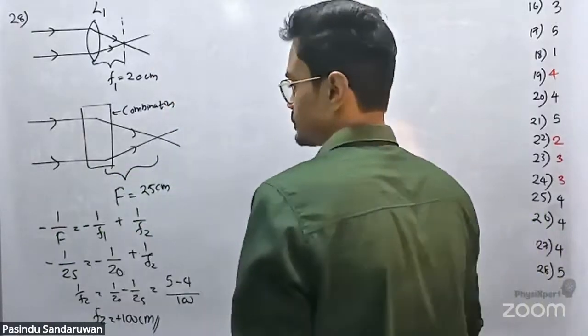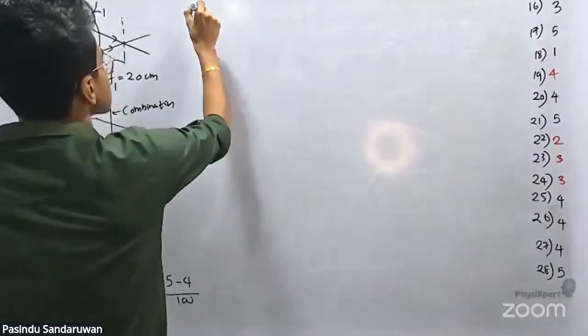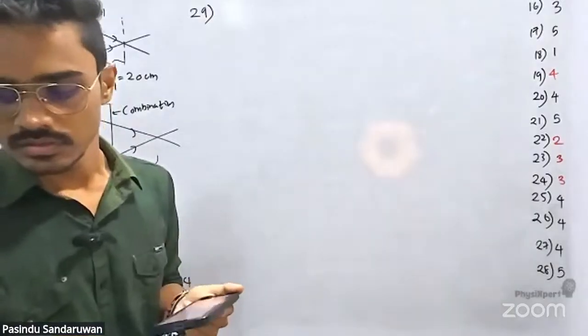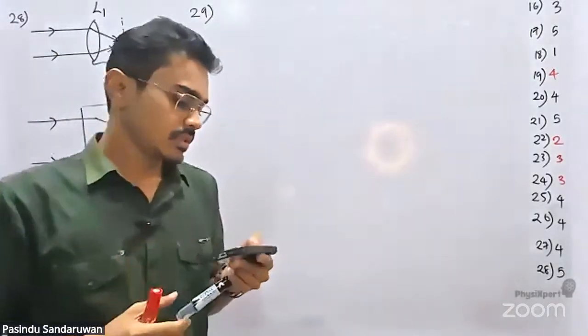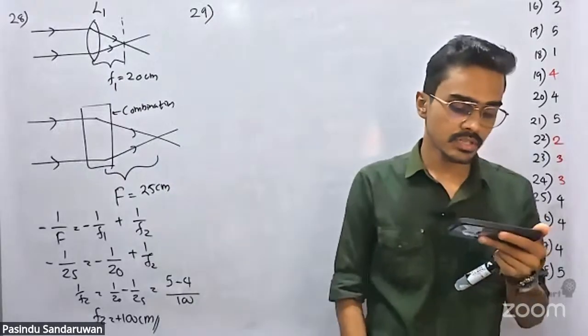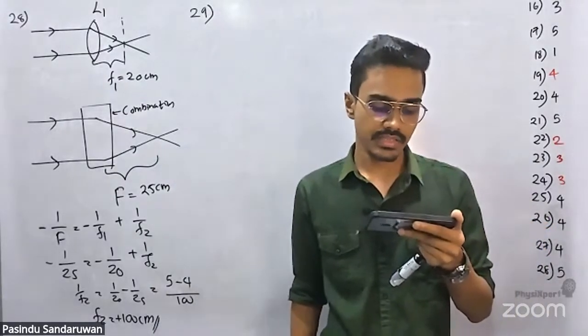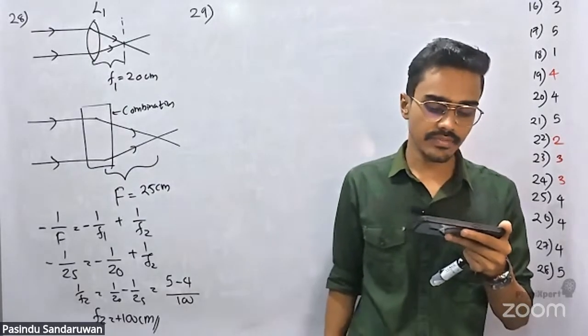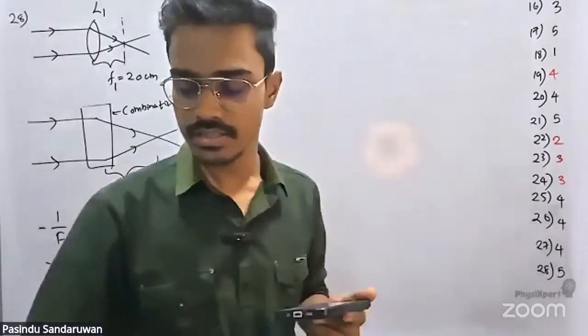Question 29. Incidence of sunlight on a spherical raindrop with an angle of incidence i is shown in the figure. Consider the following statements. X can be red and Y can be blue.